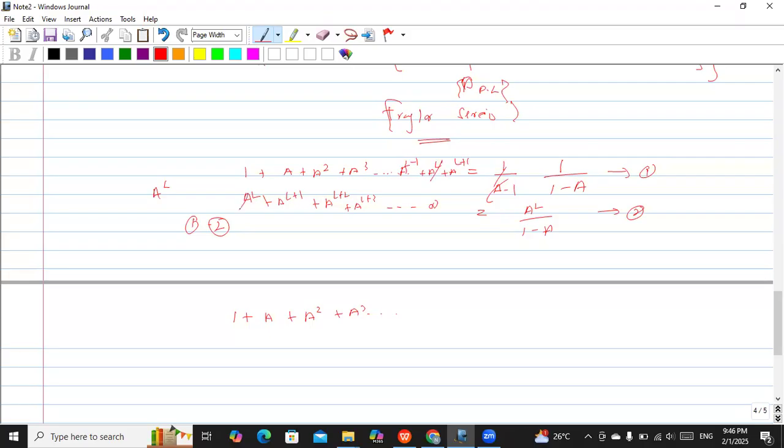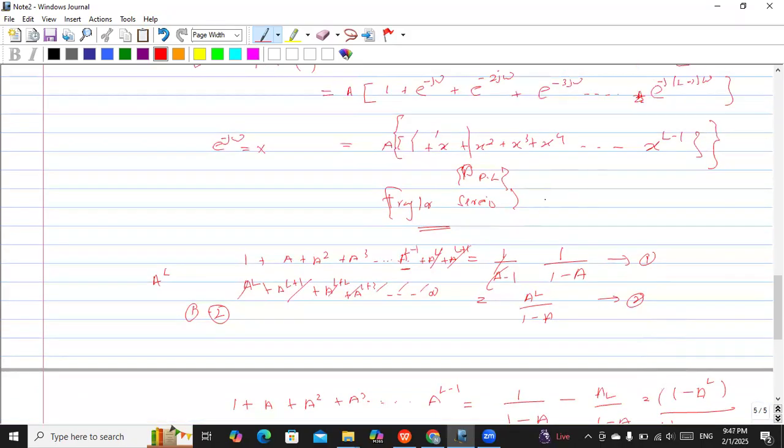So these terms will be cancelled, and you will have only up to a^(L-1), so it will be (1 minus a^L) over (1 minus a).